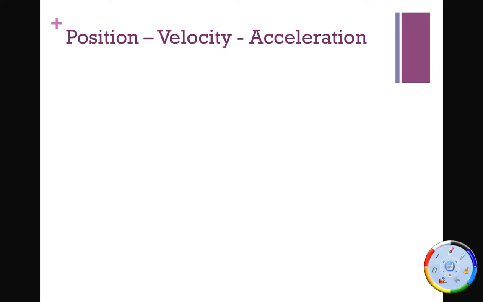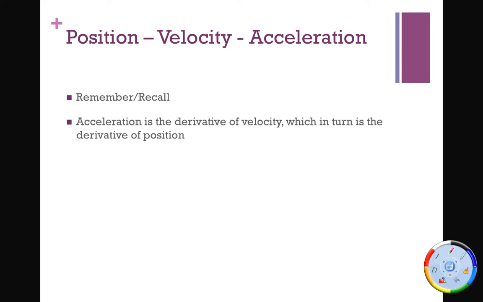All right, this is just a little reminder for us, if you have forgotten from way back when we first discussed derivatives. You have to remember that acceleration is the derivative of velocity, which is the derivative of position.